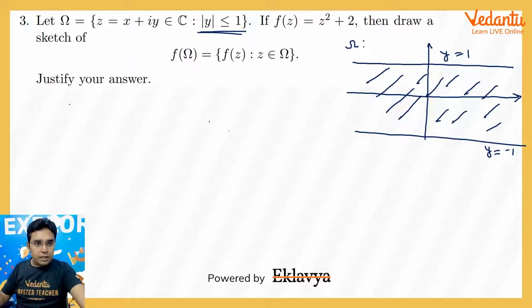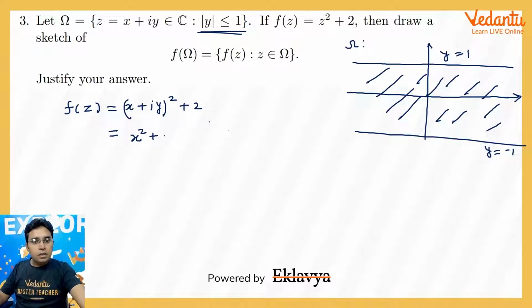So here please see, I can write f(z) is equal to (x plus iota y) whole square plus 2, and this will give you x square plus 2 minus y square plus iota into 2xy. Simple formula, nothing else. So f(z) will be this thing.